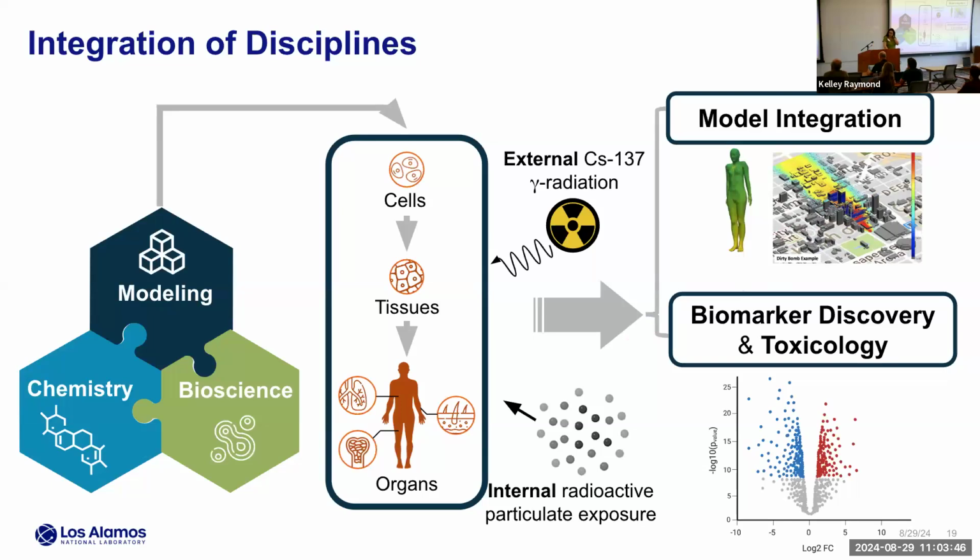So for one of the projects that I led, we integrated 3 disciplines, chemistry, modeling, and biosciences, to identify what sorts of radiation doses we should be looking at, how accurate we can get on our doses, and also how these organs stack up against, say, human responses?